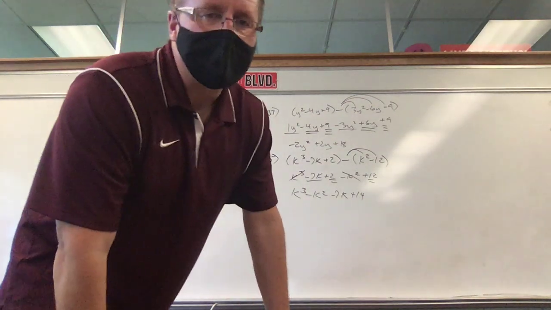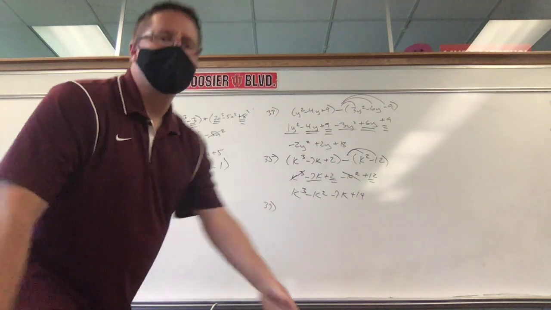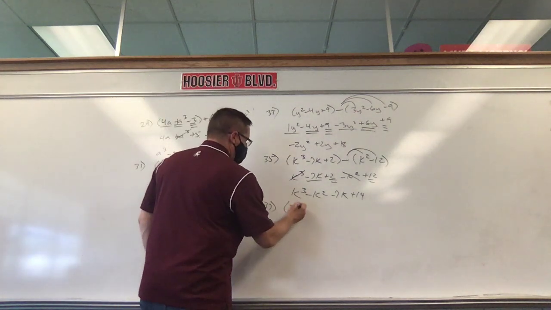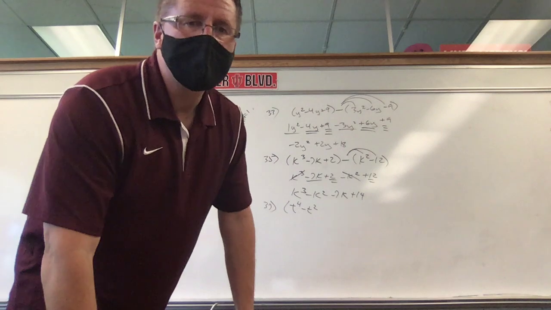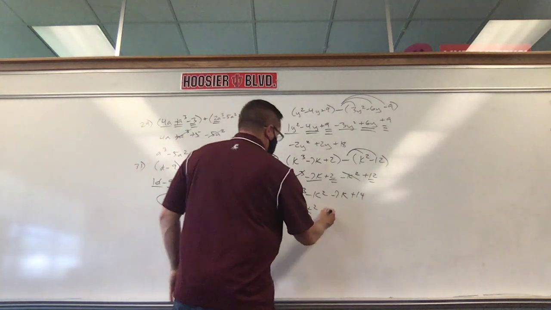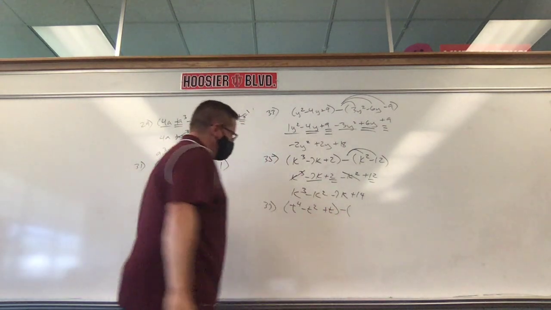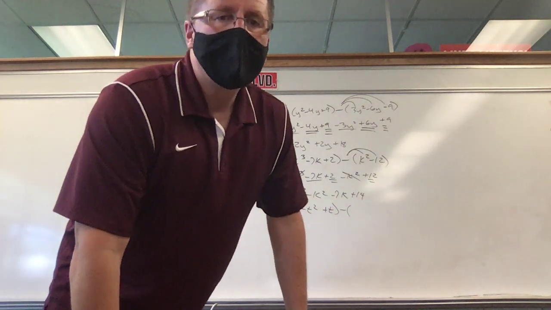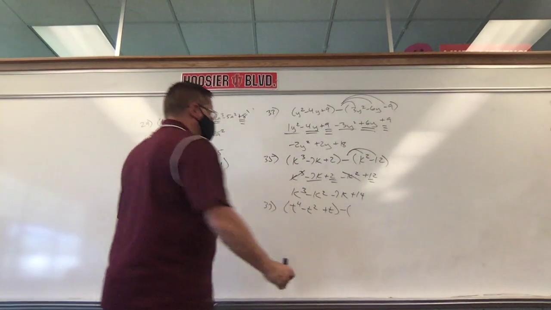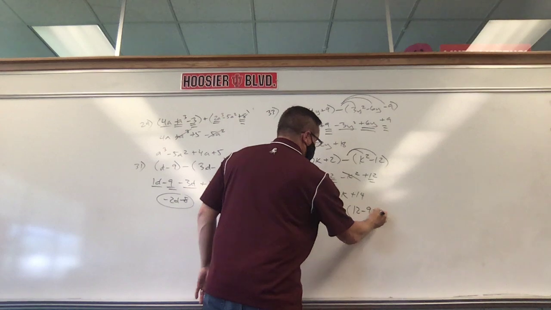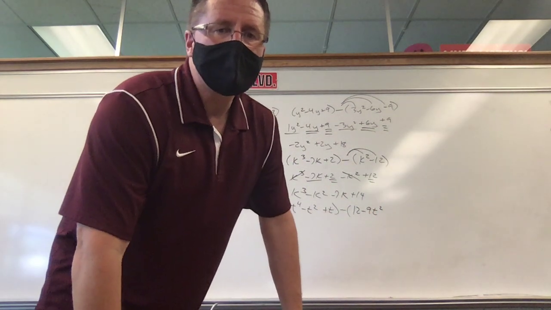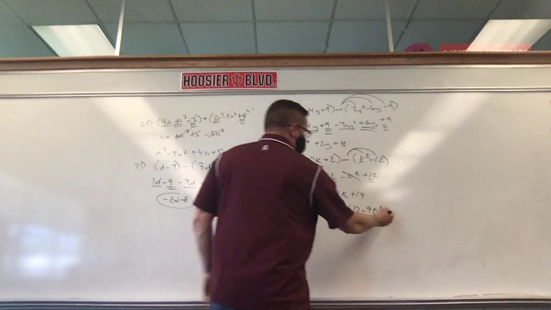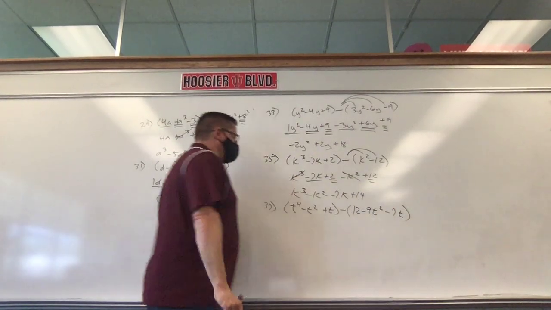Last one, 37. So we have t to the fourth minus t squared plus t minus 12, minus 9t squared minus 7t minus 17.